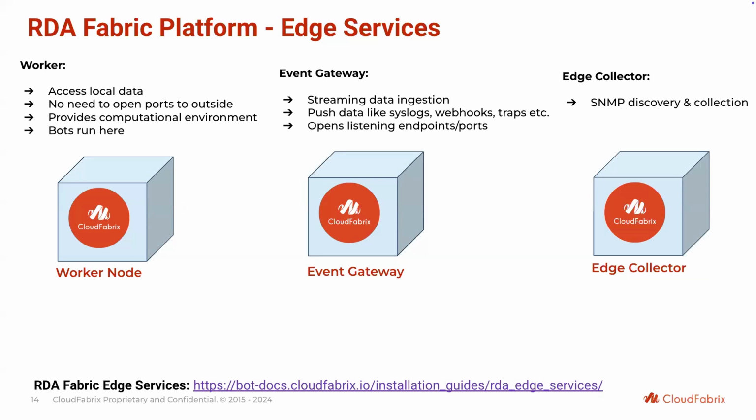The edge collector service will connect to all of the SNMP-supported endpoints, such as network devices like switches, routers, firewalls, load balancers, and whatnot. It collects the data, the data is transformed through workers, and then processed and persisted into the platform for visualization, application dependency mappings and analytics.